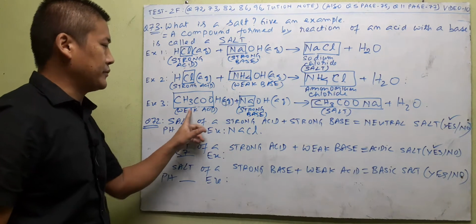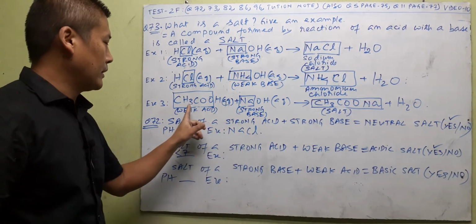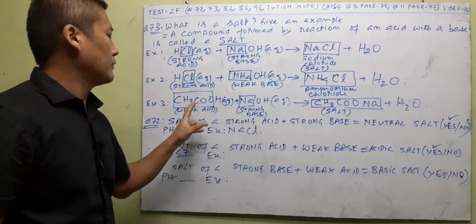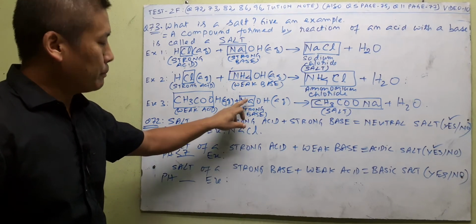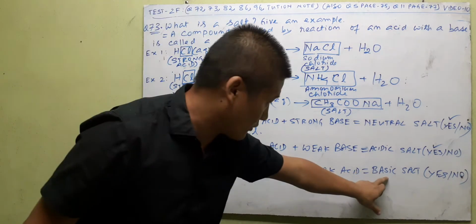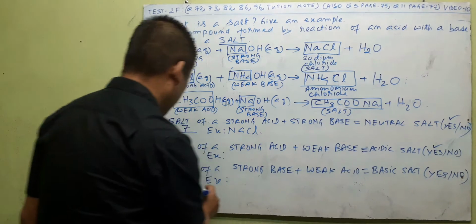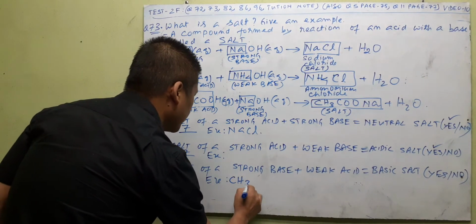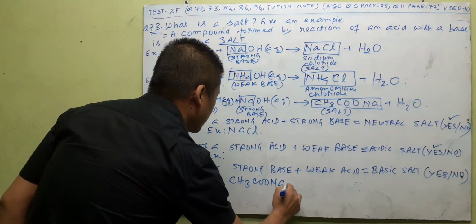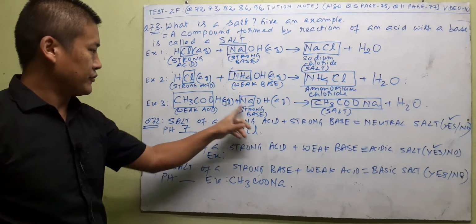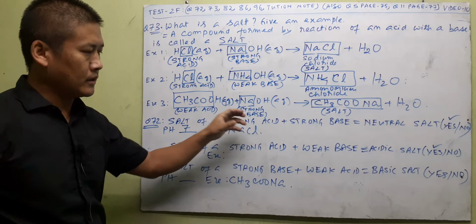So when a weak acid reacts with a strong base, the strong base will dominate over the weak acid and it will appear as a basic salt. So these are called basic salts. This one here, sodium acetate, CH3COONa, is a basic salt because it is formed from a strong base reacting with a weak acid, and so the strong base dominates.